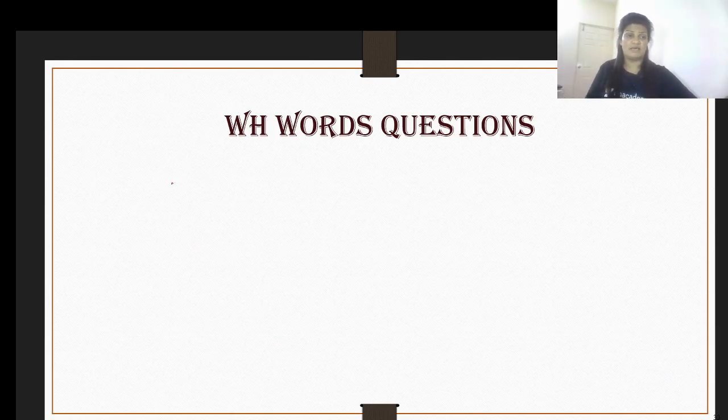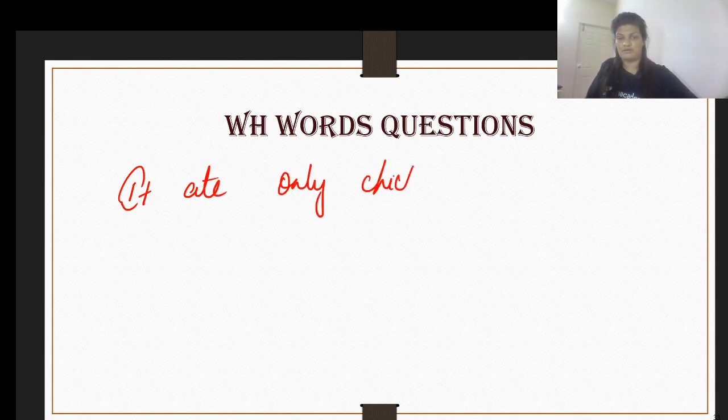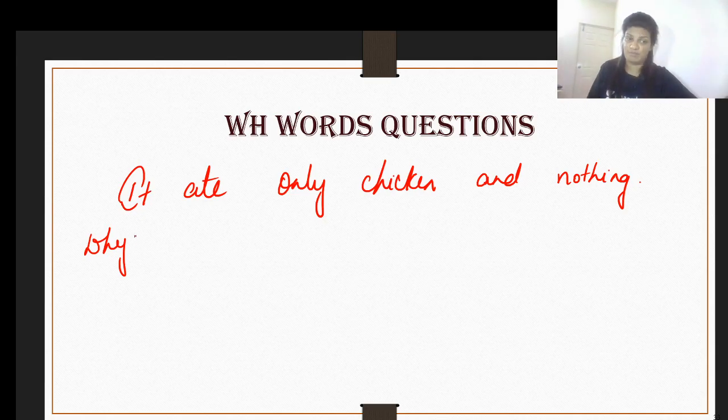The last example that I gave you was: it ate only chicken and nothing. Full stop. How do you convert that for WH word question? By introducing the question word why and did it. The root verb of ate is eat.